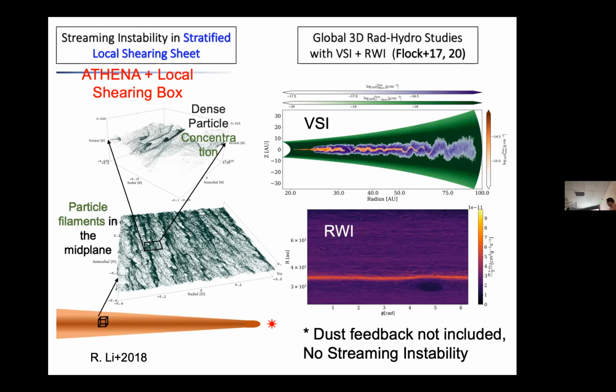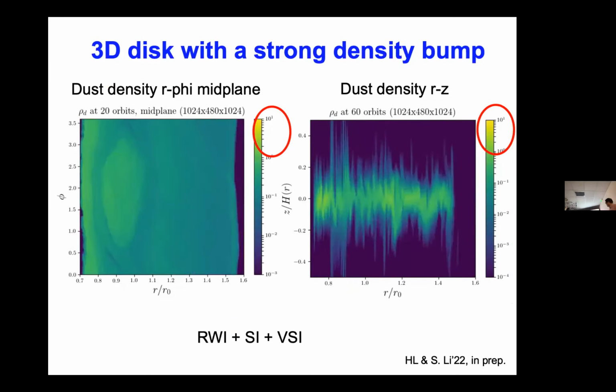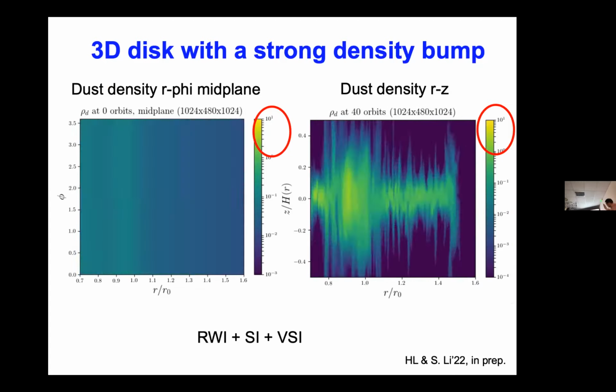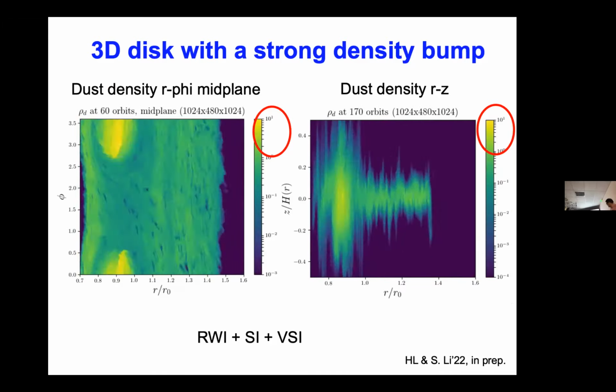What we're aiming towards, which I didn't talk about, is the 1% dust streaming instability. And then in global 3D, there's Rossby wave instability, and there's vertical shear instability looking sideways. So what we're now gearing towards is combining all three, both for gas and dust, and computationally we're getting there. For example, this is a 3D disk with gas and dust, and that's the simulation size.